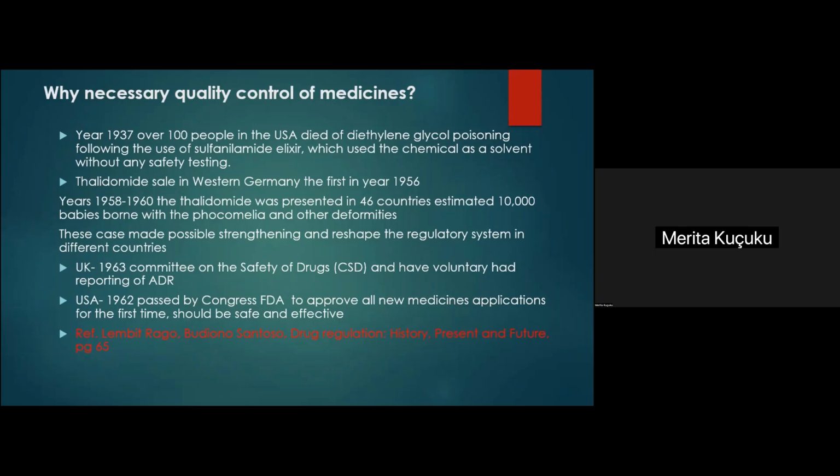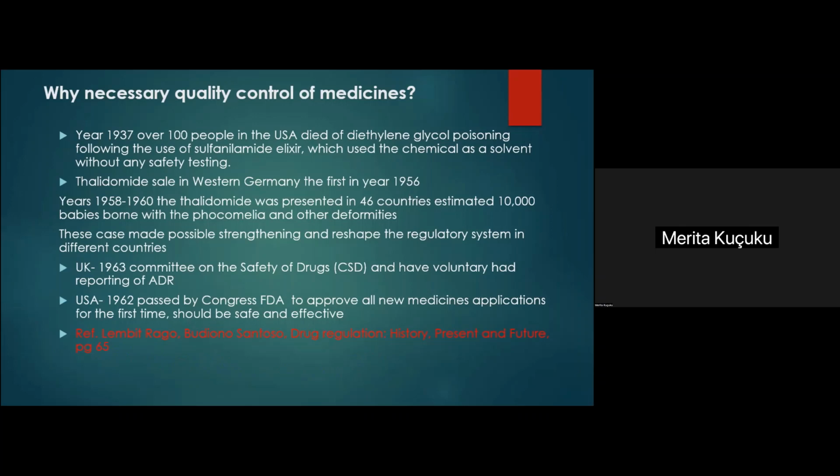And if we refer to the saying of Paracelsus that I used to start my presentation, this is important because medicines have not only benefit, but also risk. To avoid this risk to the health of the population, we should have quality control of medicines during the time their medicines are in the market.